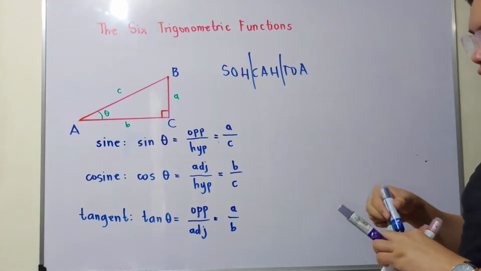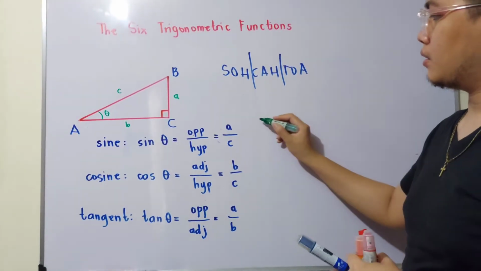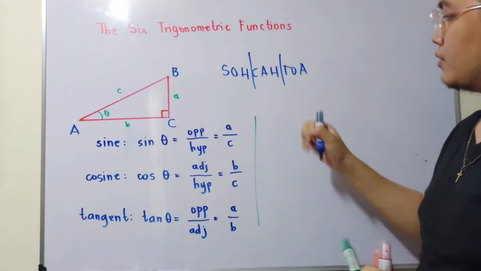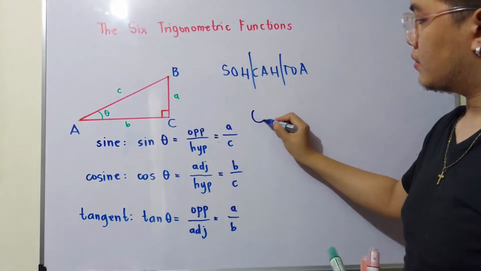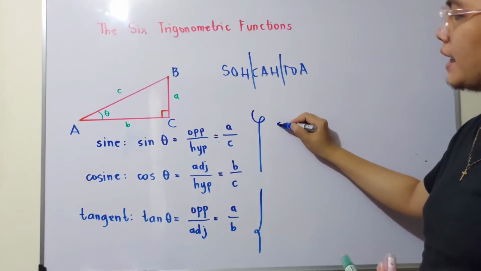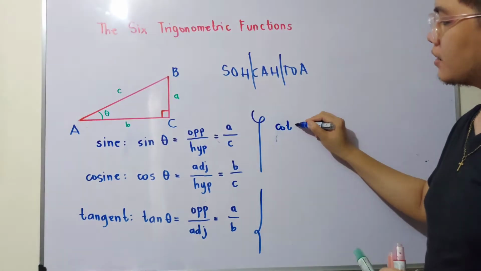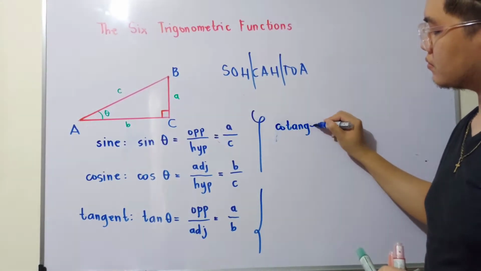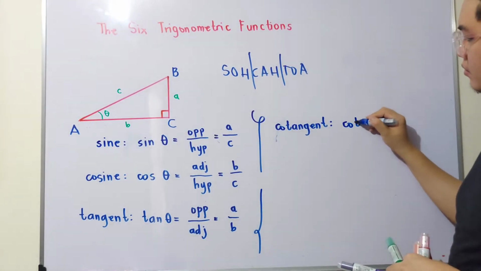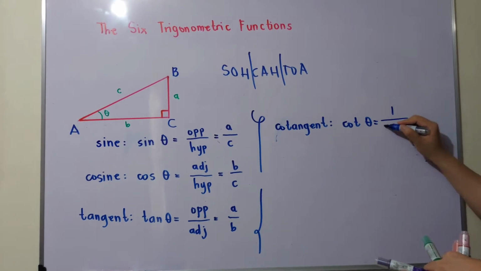Okay? Tapos, yung susunod, so we have the cotangent. So ito ay reciprocal ng tangent.